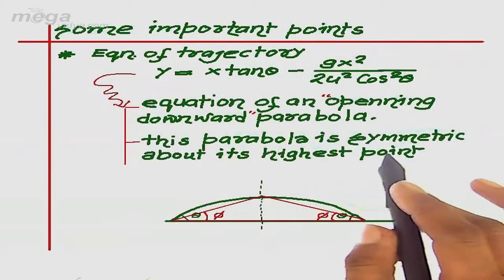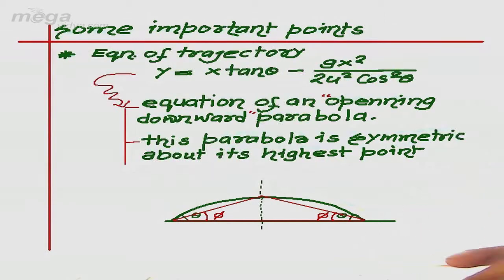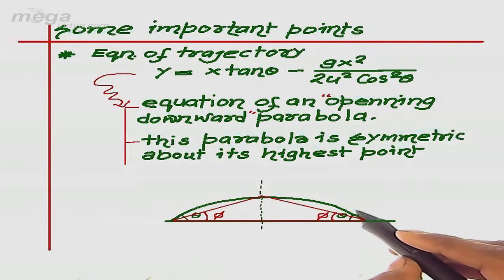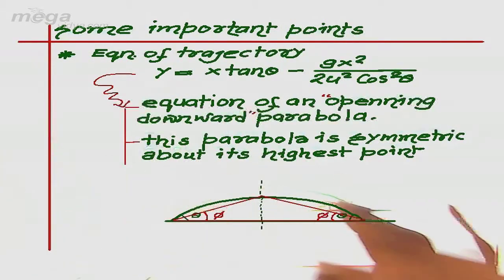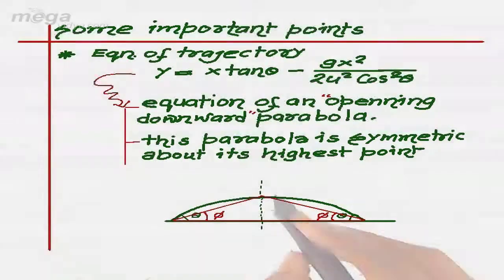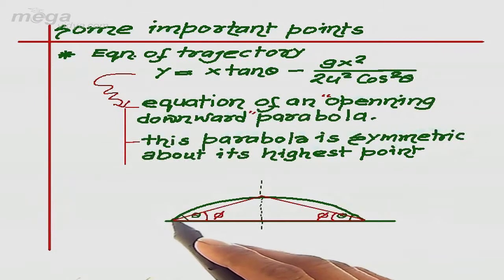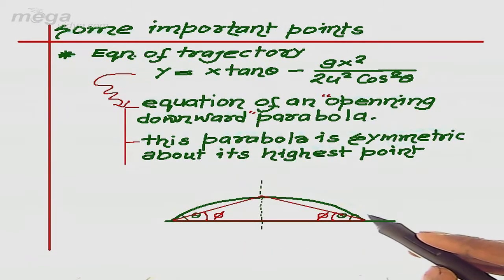This parabola is symmetric about its highest point. Here you can see that the angle of projection is equal to the angle of landing, and the highest point subtends equal angles phi at the point of projection and point of landing.